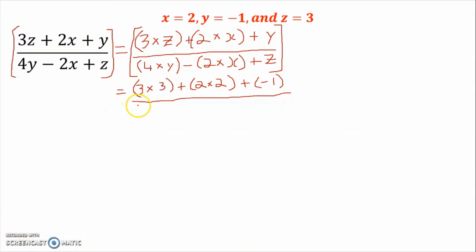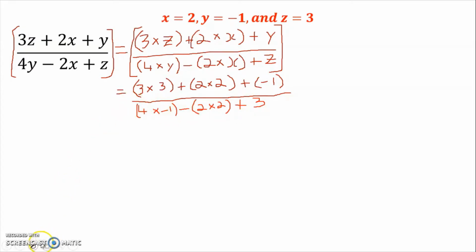Y is negative 1, so that's 4 times negative 1, and we put that in brackets. Then subtract 2 times x, which is 2 times 2 because x is 2, so we remove the x and put positive 2 in its position. Plus y, which is negative 1, plus z, sorry, which is positive 3. So we put that positive 3 there.